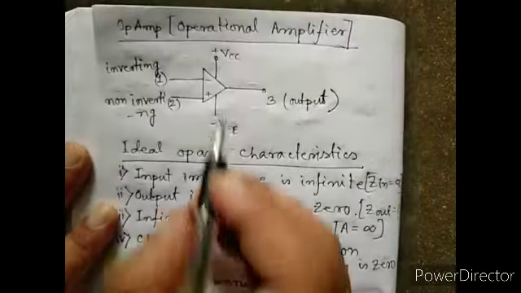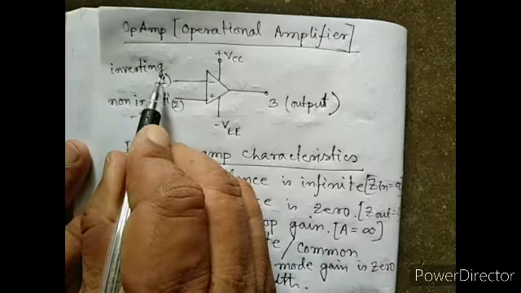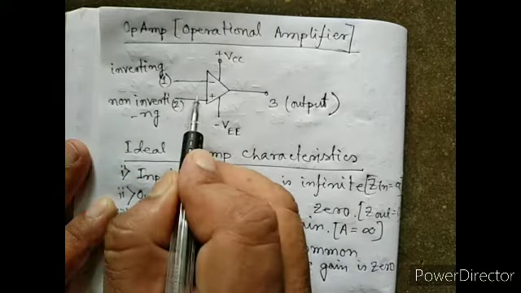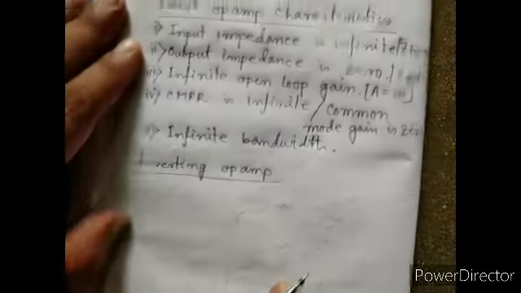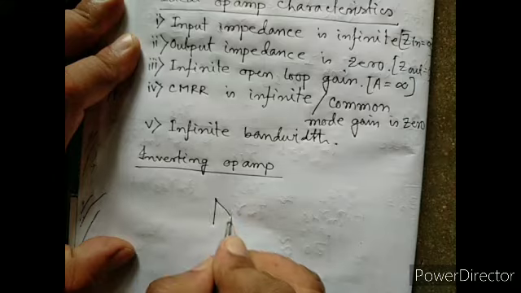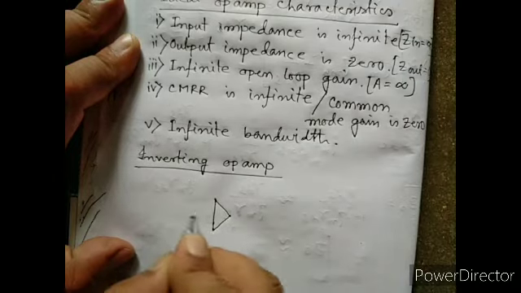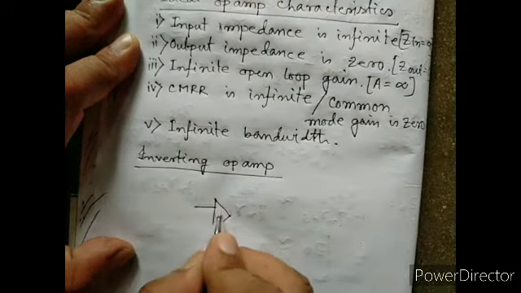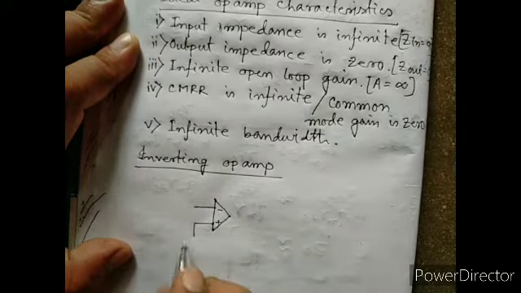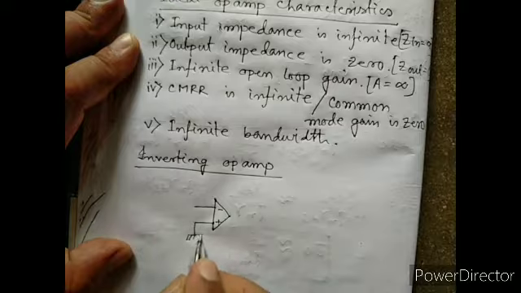We have seen two terminals. This terminal is inverting terminal and this is non-inverting terminal. So in inverting operational amplifier, the input is given at the inverting terminal, and the non-inverting terminal is grounded.